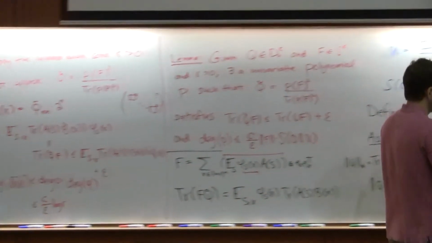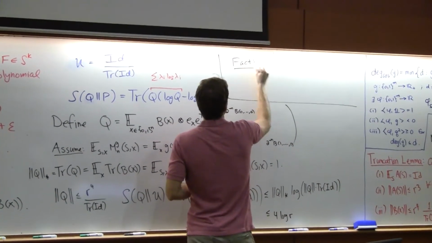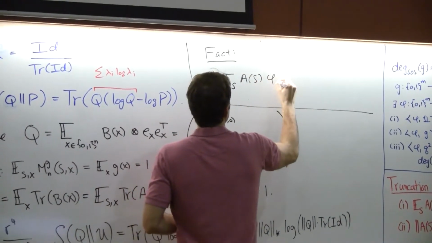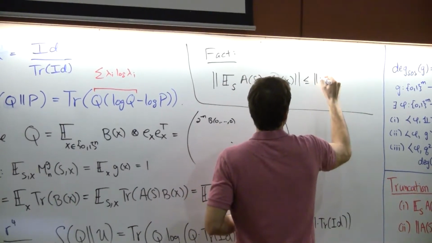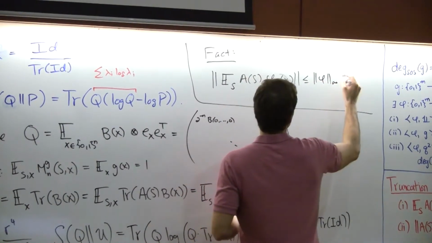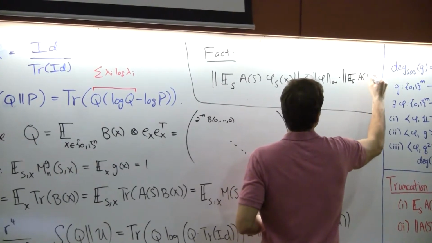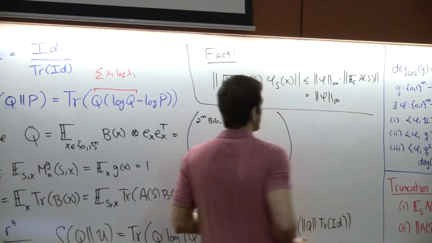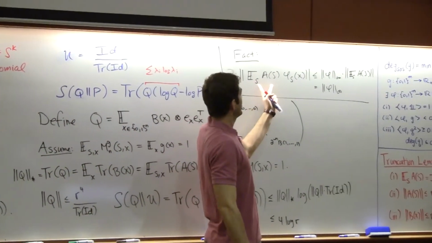It's at most the L infinity norm of phi s, but the L infinity norm is the same, times the operator norm of this thing, which is just the identity. So it's just the L infinity norm of the test phi. That's from property 1 of the truncation norm, just that this thing averages the identity.